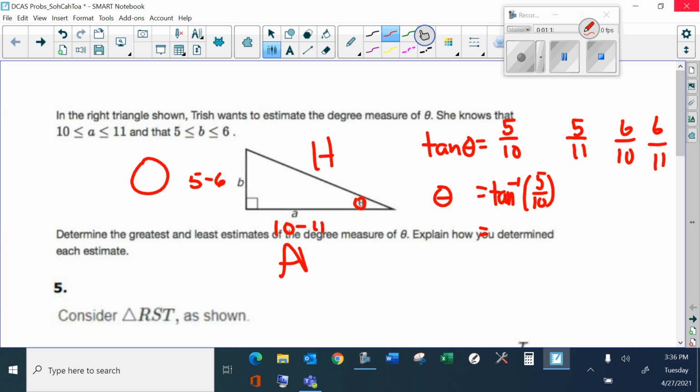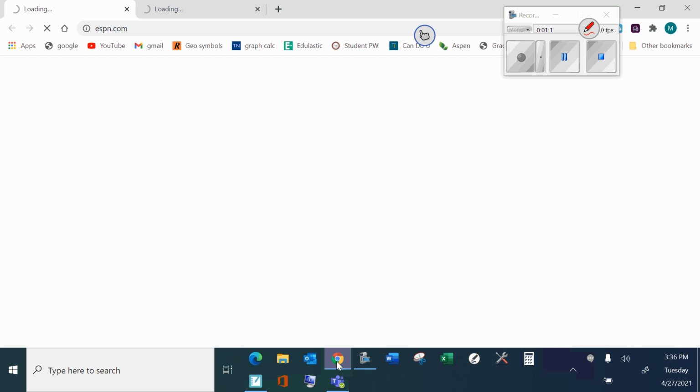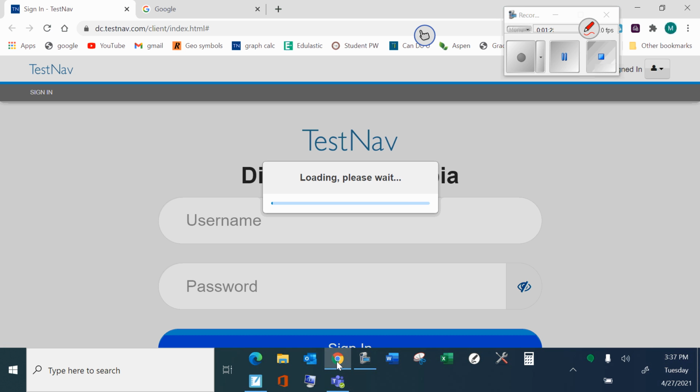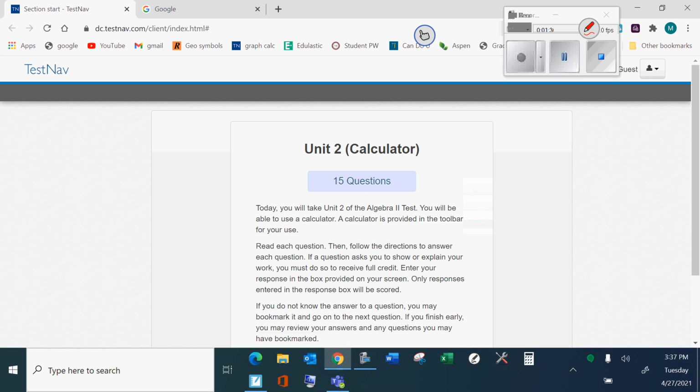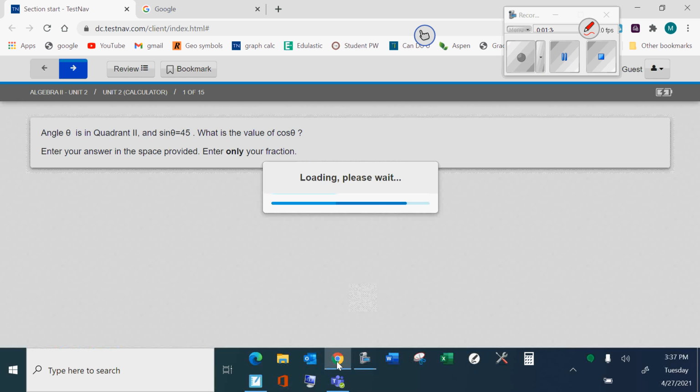So pull out your graphing calculator. What's the first thing you should do with your graphing calculator? Change it to what? Degrees.